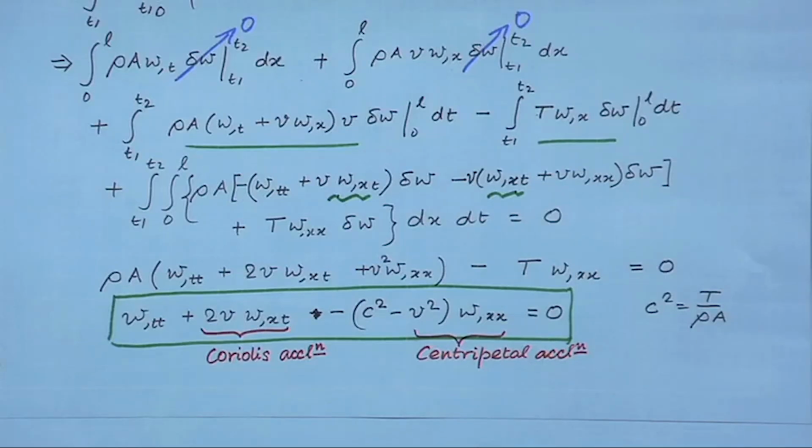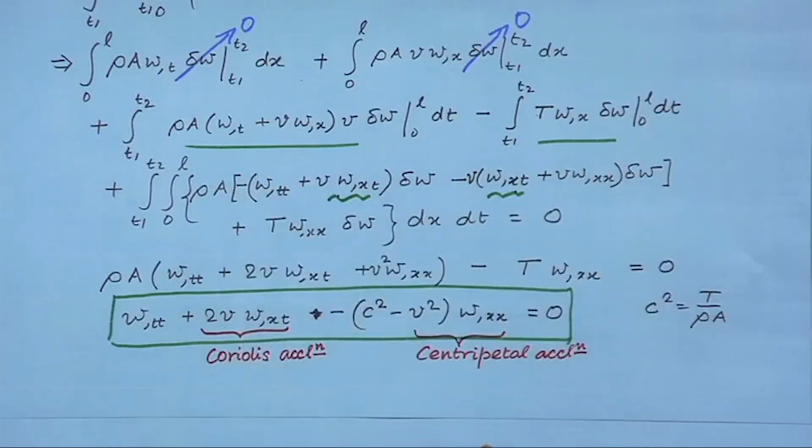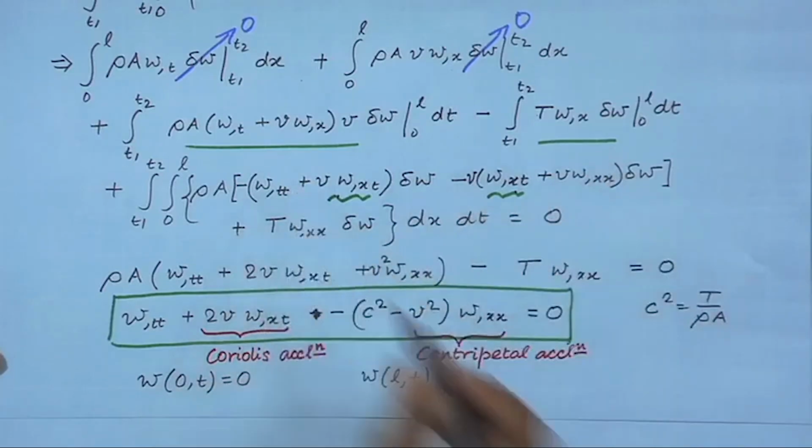Now, these two can be combined, and for our case that we are going to consider, the boundary conditions are simply this, and that actually makes the boundary terms 0 in this case.